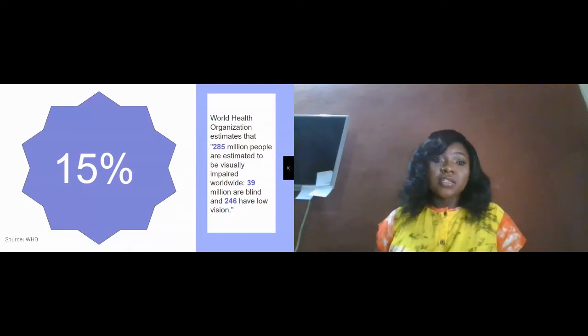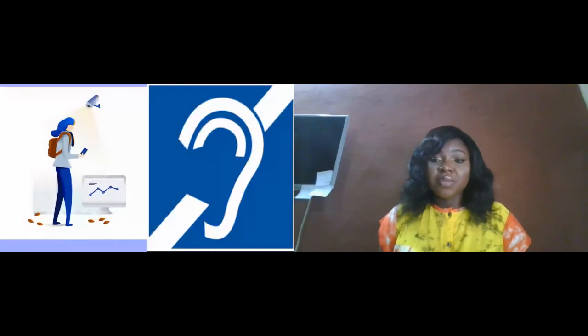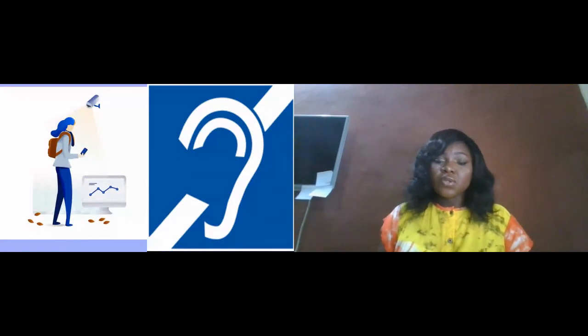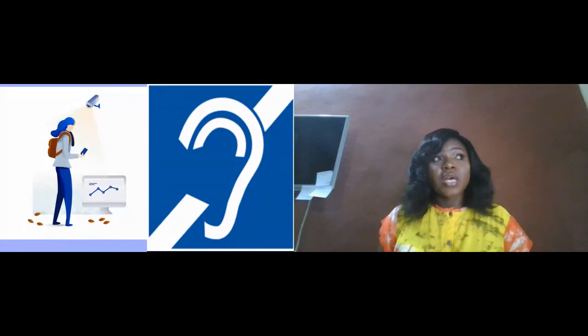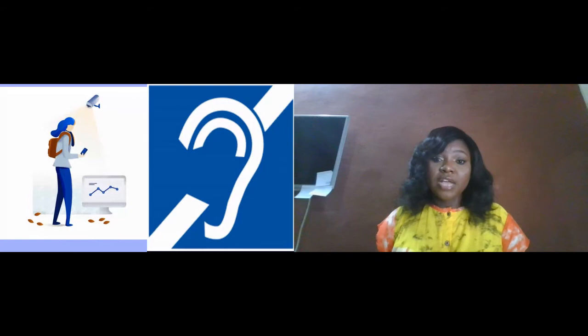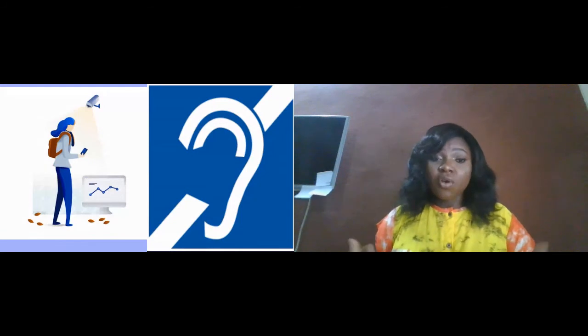There's also a category of people with hearing impairments, also known as auditory impairments, or deaf people. They have low hearing levels, or they don't hear at all. As I go on, I'm going to show how to incorporate these considerations in your application so that you build products that cover this category of people.